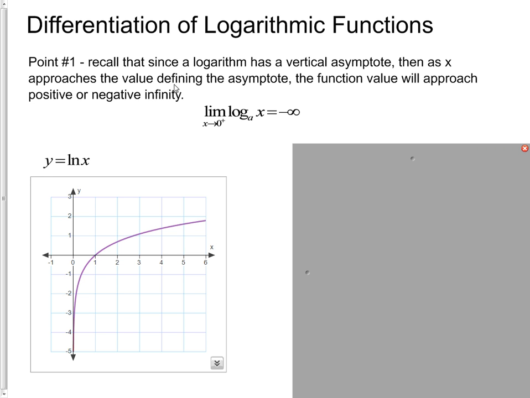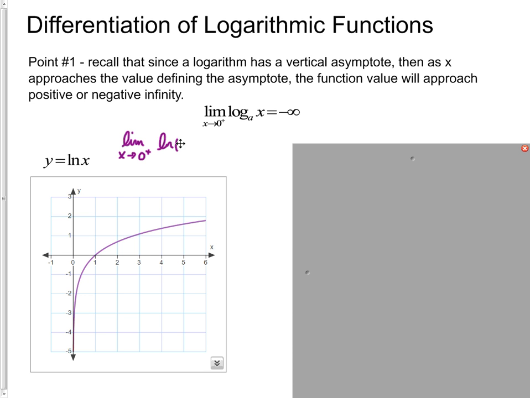So let's consider a limit, at least in this case, based on our definition off to the top over here: the limit as x approaches 0 from the right of the natural log of x.